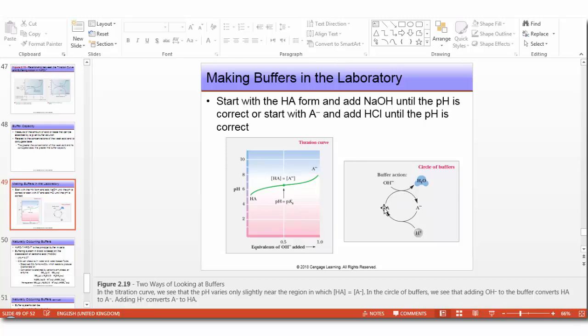Now if you have a buffer with two components, HA and A minus, and you add a small amount of strong acid like H plus, it is consumed by the A minus. So pH will decrease a little. Now if you add a small amount of strong base, the base OH minus will react with the acid form to form A minus, and again the quantity of OH minus is consumed.